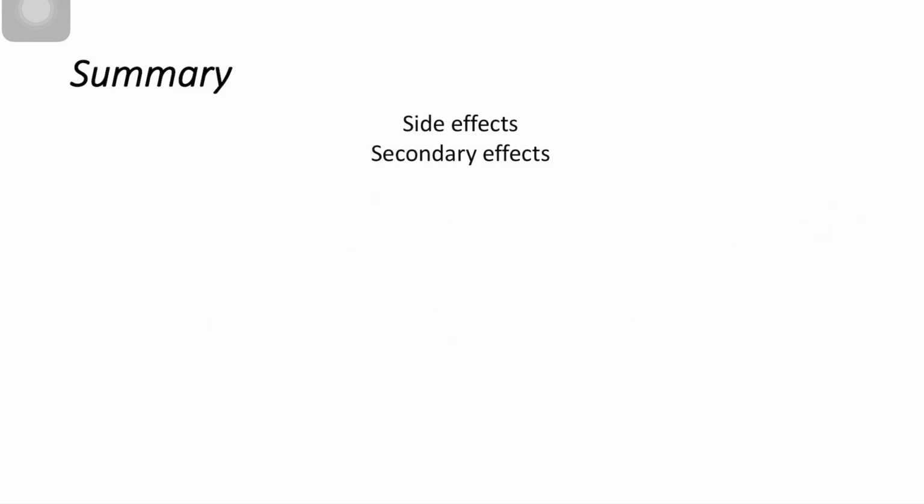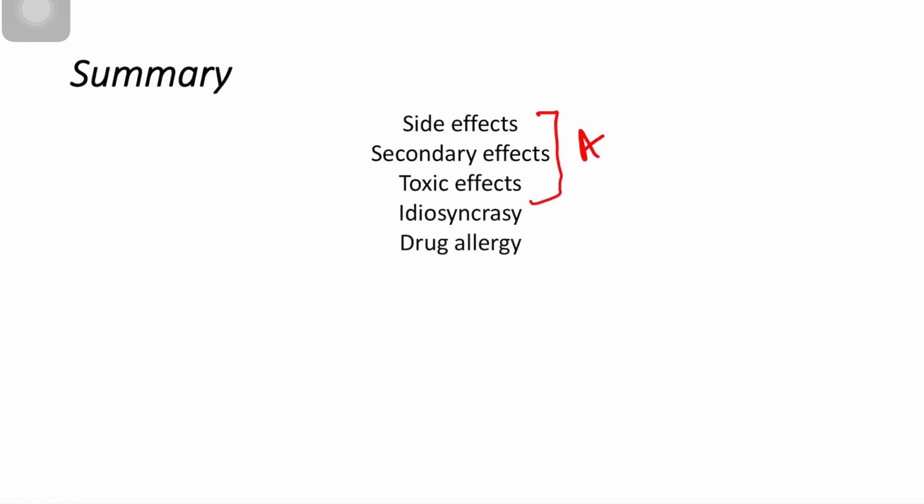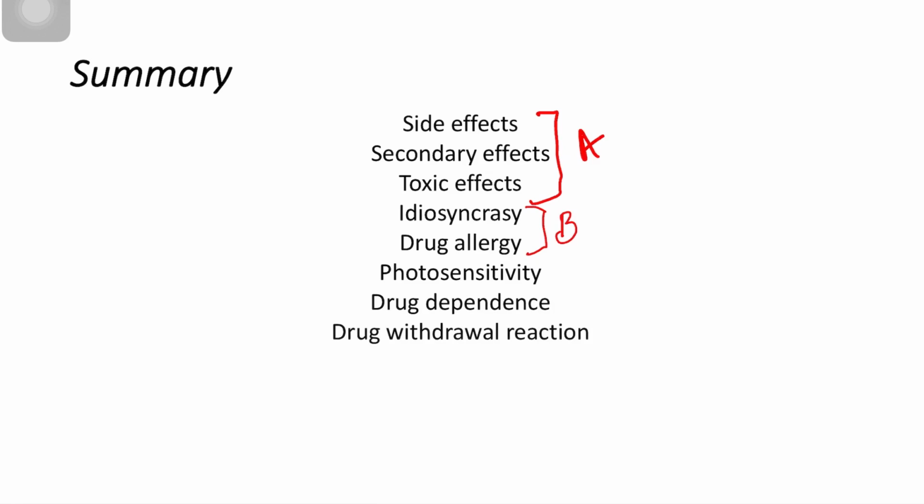So in a nutshell, we have already seen different kinds of adverse drug reactions and their subparts. For example, side effects, secondary effects, and toxic effects we have seen in type A adverse drug reactions. Then idiosyncrasy and drug allergy we have seen in type B adverse drug reactions, which were bizarre. And photosensitivity, exposure to sunlight, drug dependence, drug withdrawal reactions.